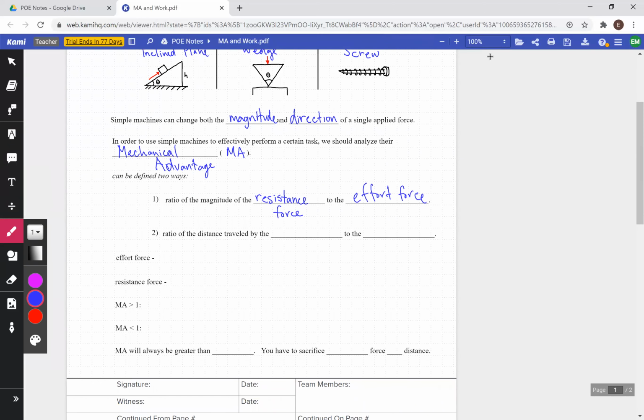Okay, what do those words mean? The effort force we can think of as the input force. It's what you're putting into the system. The resistance force, we'll also see this called the load, is what you have to overcome in order to achieve your goal.